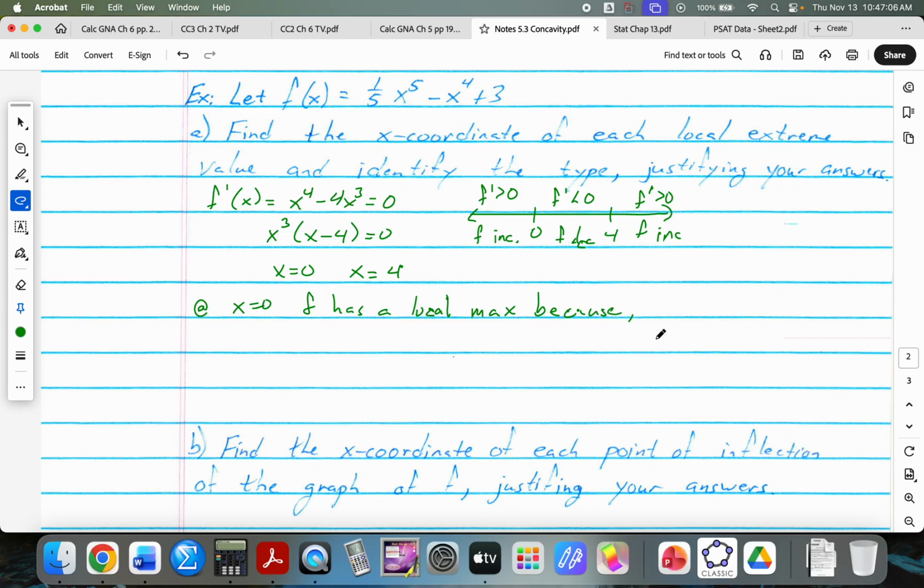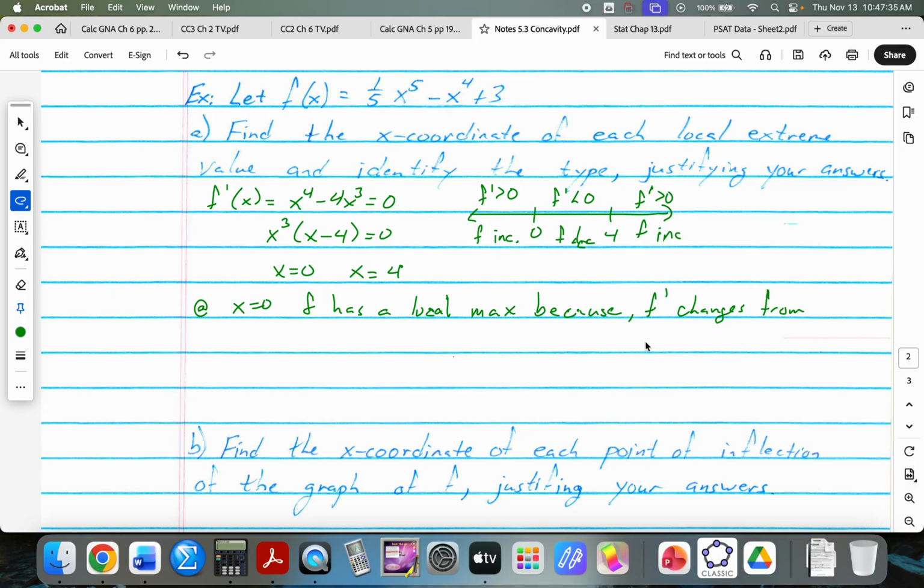Well, what changes? Don't say it. F prime changes from, or f changes from increasing to decreasing. So that's true, but we have to base it on the fact that we've tested the derivative. We haven't ever actually looked at the function itself. So f prime changes from positive to negative.